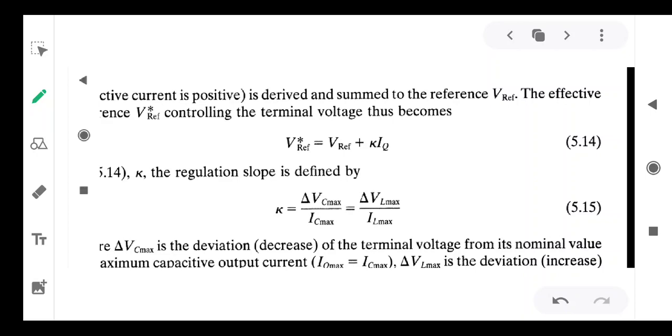So that is the change in voltage due to capacitive compensation by compensator current. Similarly, delta VL max by IL max, the change in voltage due to inductive compensation divided by inductive current. Either it may be STATCOM or SVC, for both the controllers the definition is valid.